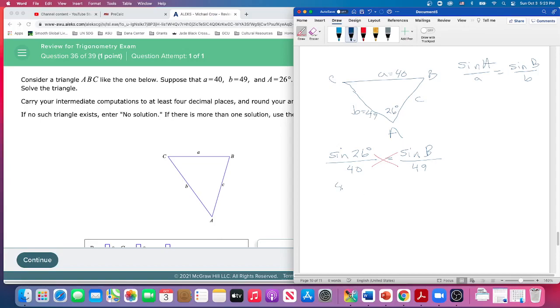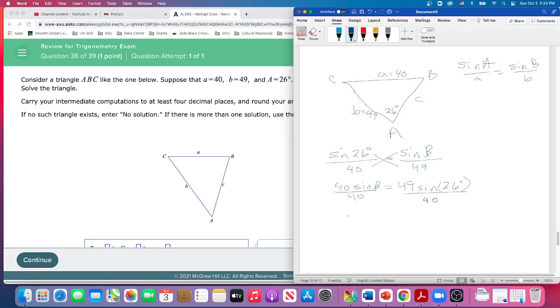So we get 40 sine of B equals 49 sine of 26 degrees, and then we'll divide by 40, and then you'll see we've got sine of B equals all of this.